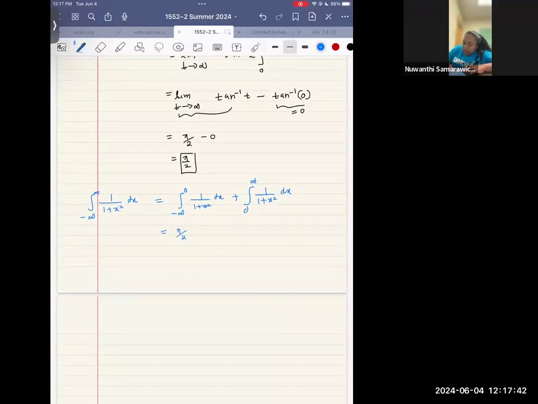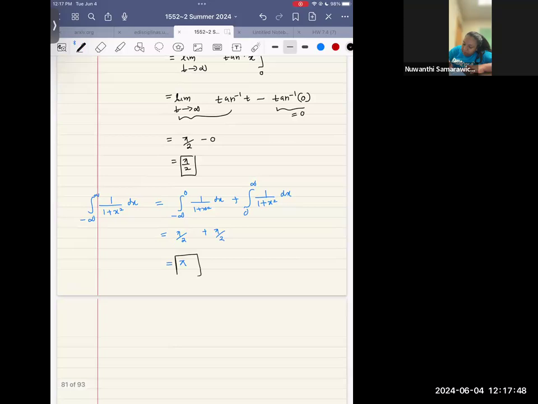We found that this is pi over 2 plus pi over 2, which is equal to pi. And this is convergent because it's a finite number, so it's convergent.